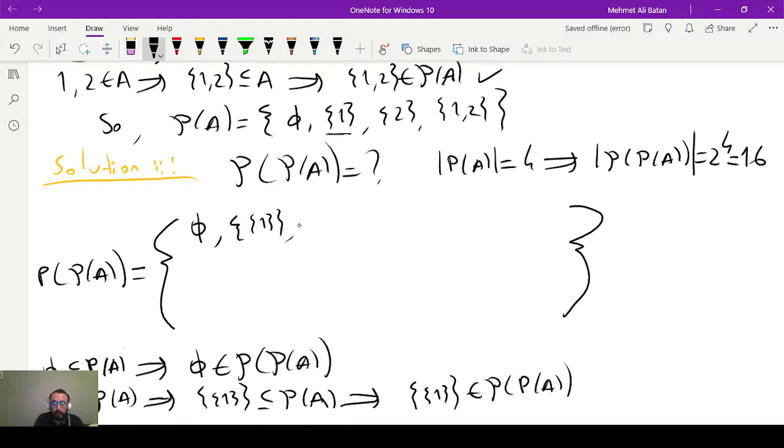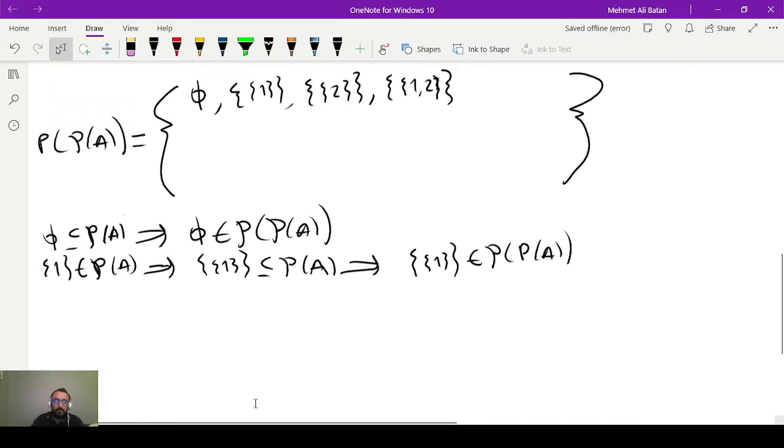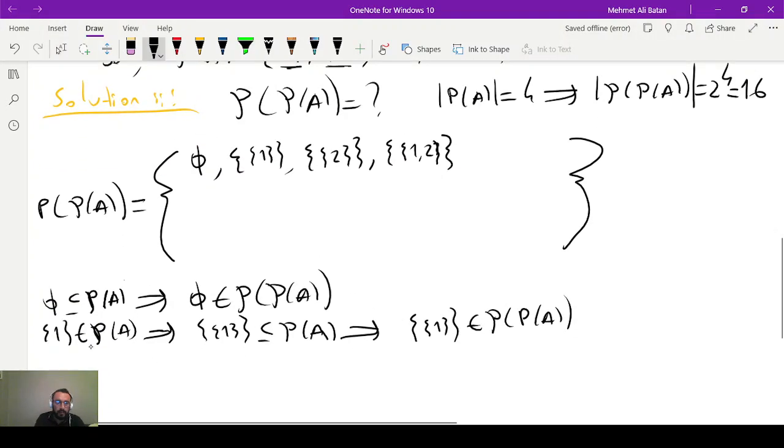And the third one, by using a similar idea, is also in the power set of A. And note that, you have to be careful here, the empty set is an element of the power set of A, right?